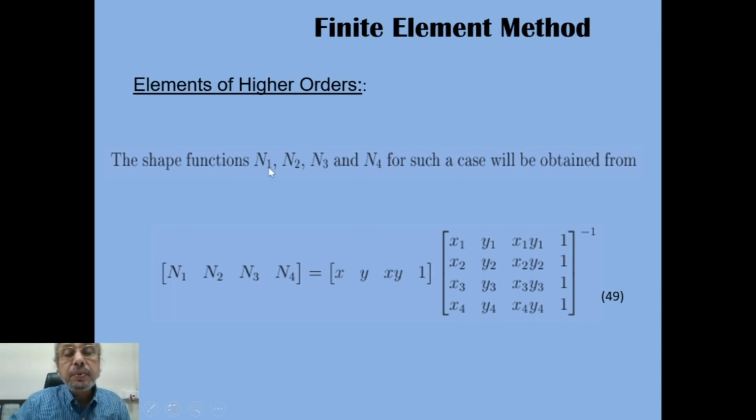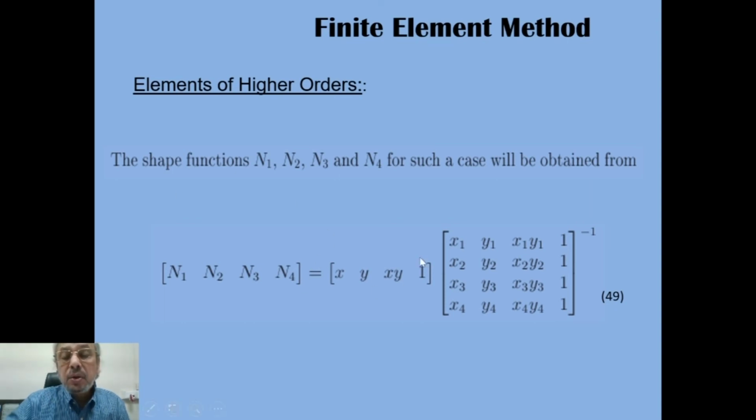So the shape functions N1, N2, N3, N4 for such a case will be obtained from, basically, if you recall, we obtain shape functions for triangular element as multiplication of the row matrix [x y 1], multiplied by the inverse of the matrix with rows [xi yi 1], [xj yj 1], [xk yk 1].